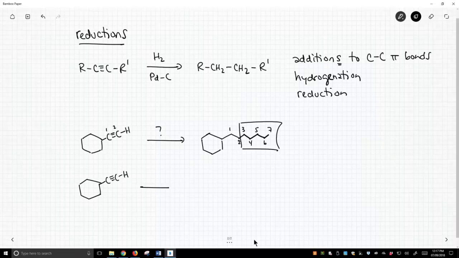So what we could do is take this alkyne, it's a terminal alkyne, so we can deprotonate it with sodamide. That's going to form an acetylide. We're going to deprotonate that hydrogen, form a negative charge on that carbon, and use it as an SN2 nucleophile, and it will react with an alkyl halide that has 5 carbons.